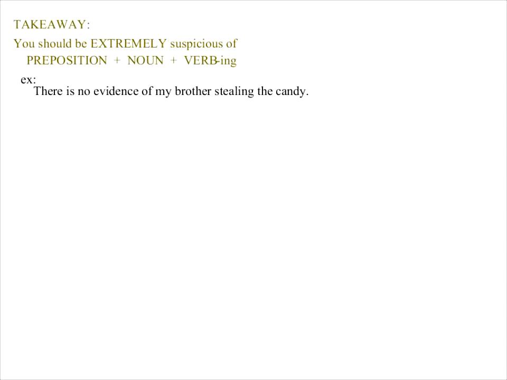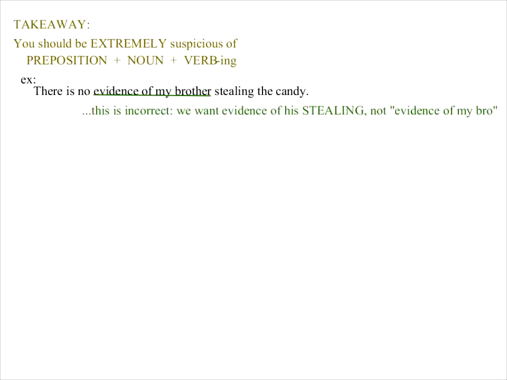We're looking for evidence of stealing. And so this is incorrect, because this means evidence of my brother stole something. This is incorrect because we want evidence of his stealing, not evidence of my brother.